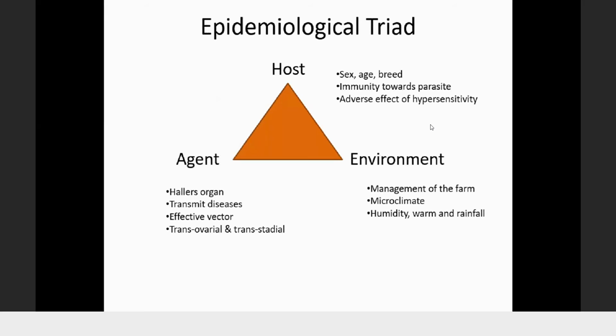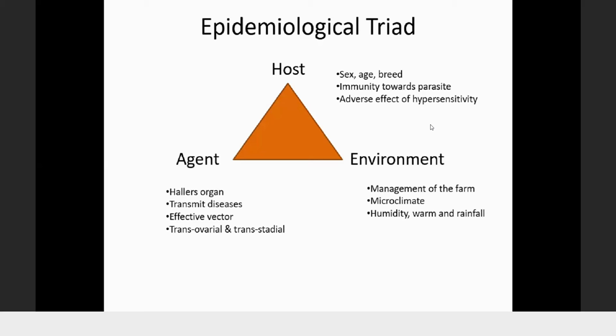For agent, different ticks have different specializations or characteristics that can be included in the agent factor. In general, ticks have a hairless organ, transmit diseases, and it can transmit the pathogen transovarially and transstadially.